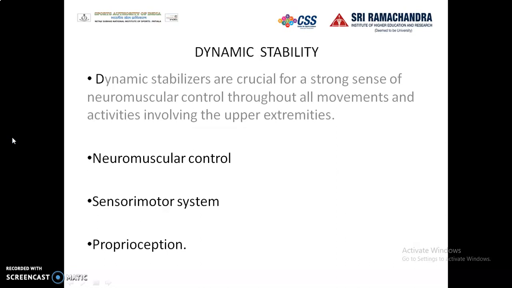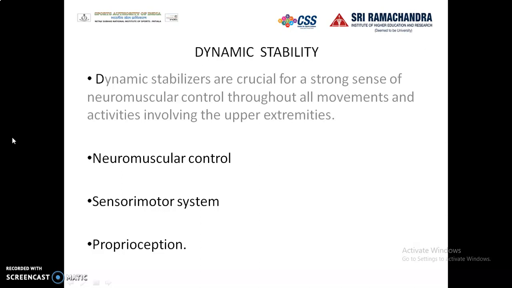And if you talk about dynamic stability, what do you mean by dynamic stability? The dynamic stabilizers are crucial for a strong sense of neuromuscular control throughout all movements and activities involving the upper extremity. For example, when you are performing shoulder movement, we should have mobility, flexibility, stability, strength, and endurance.